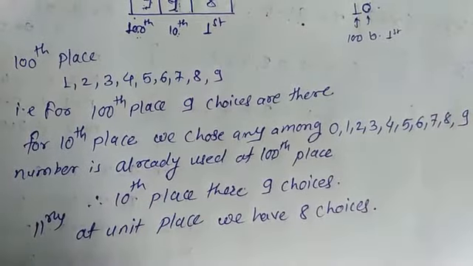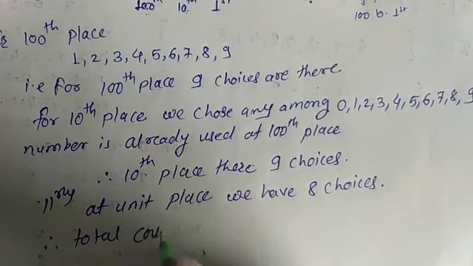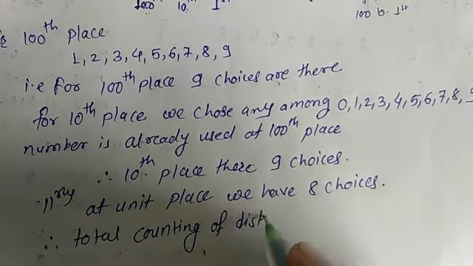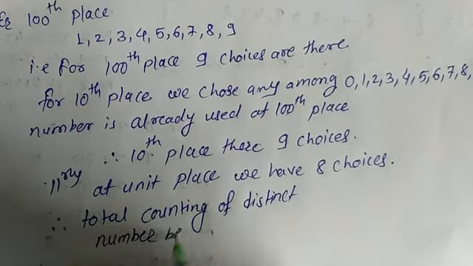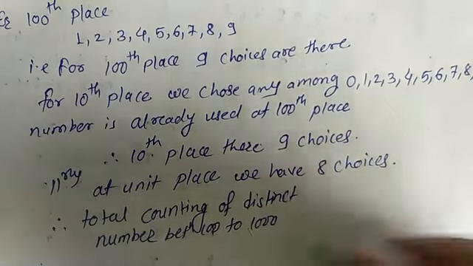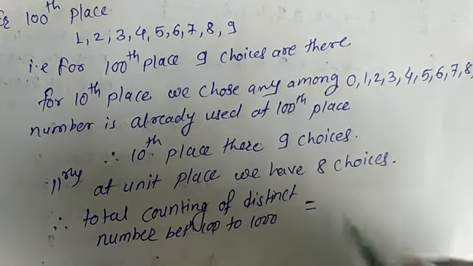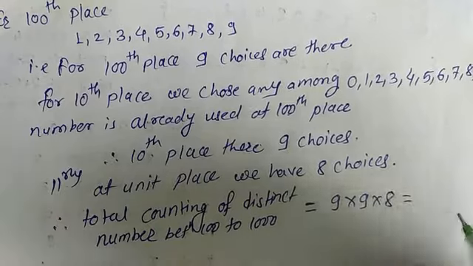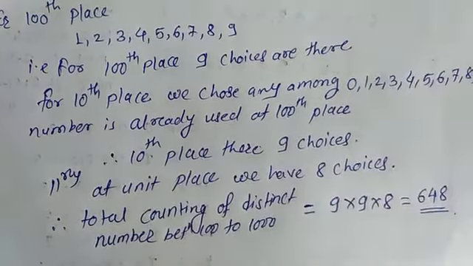Therefore the total count of distinct numbers between 100 and 1000 is 9 into 9 into 8, which is equal to 648.